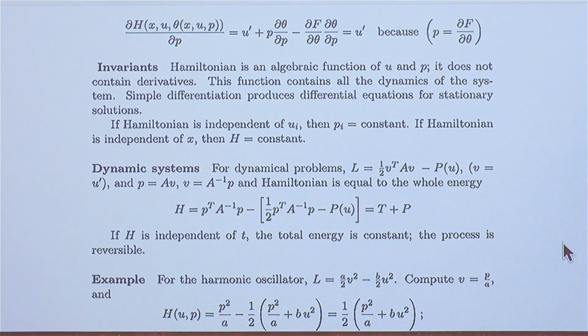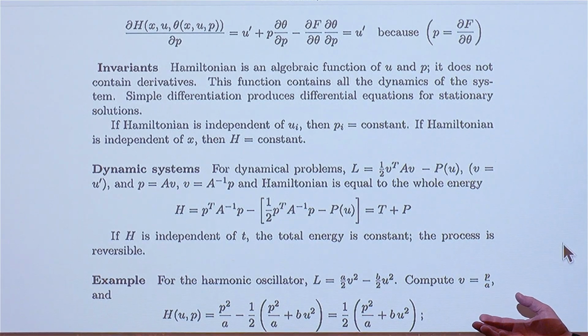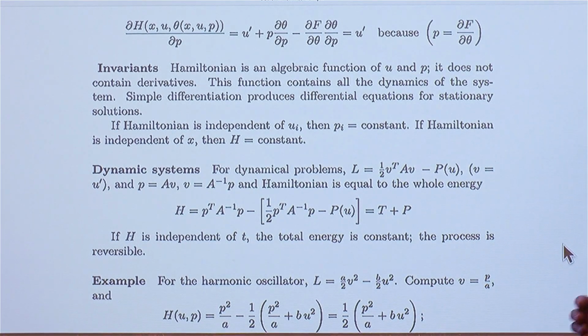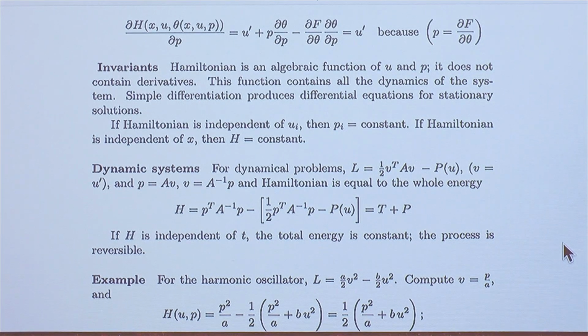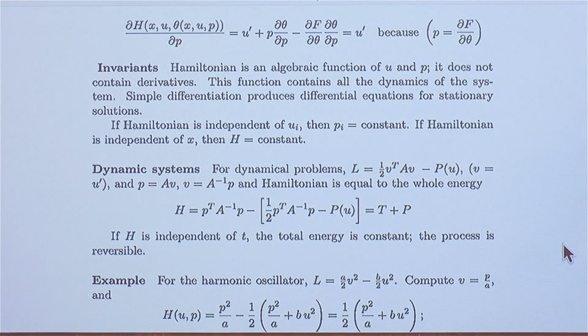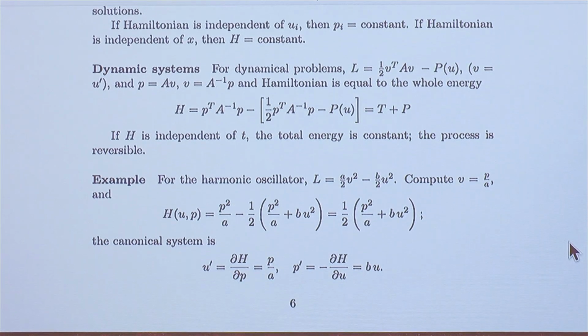And if the Hamiltonian is independent of time, total energy is constant, and the process is reversible. Like in a wave process, you can look at waves propagating to the left or to the right, and they satisfy the same equation. One example: the harmonic oscillator.